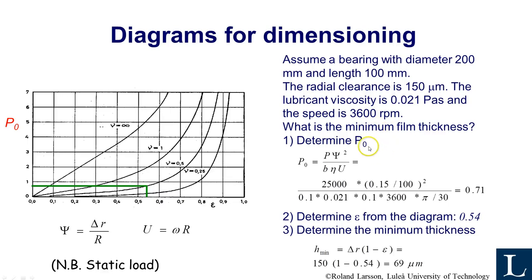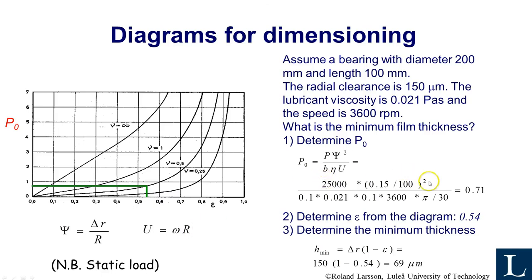First of all, we compute P naught, which is simply the real load multiplied by psi squared, divided by the width, divided by the viscosity, divided by the surface speed of the journal. Psi is the relative clearance, which is the clearance divided by the radius of the journal, and the surface speed is simply omega multiplied by the radius of the journal.